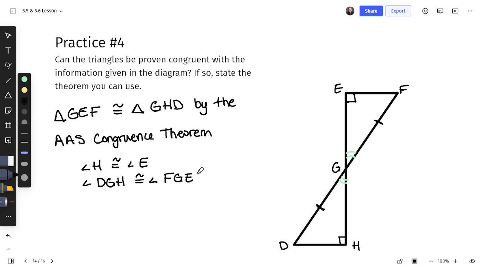And finally, the problem gave us that side FG was congruent to side DG. That's an angle, and a non-included side. So we can use the AAS Congruence Theorem.